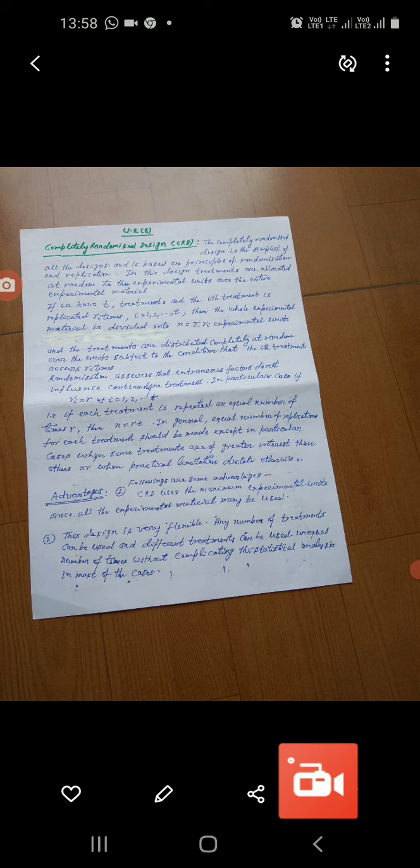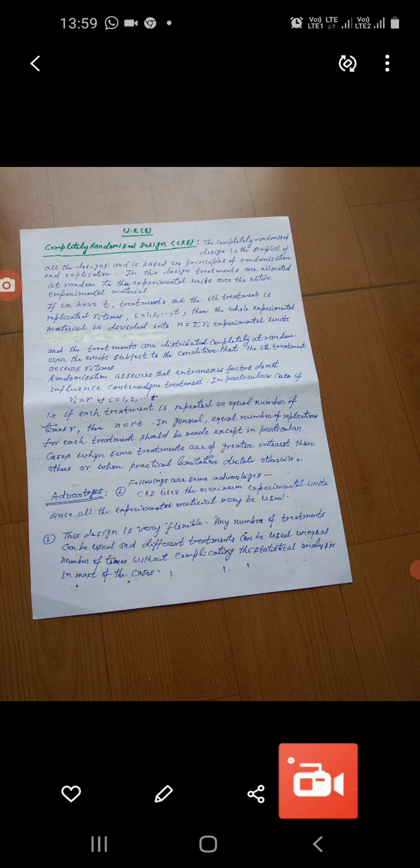In the particular case, if Ri is equal to r, where i is equal to 1 to T, it means R1 is equal to R2 is equal to R, T is equal to r, that is, the number of replications is equal for each treatment.